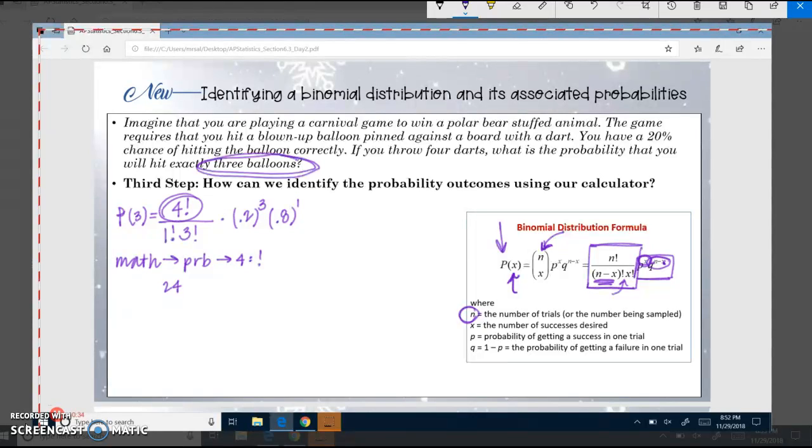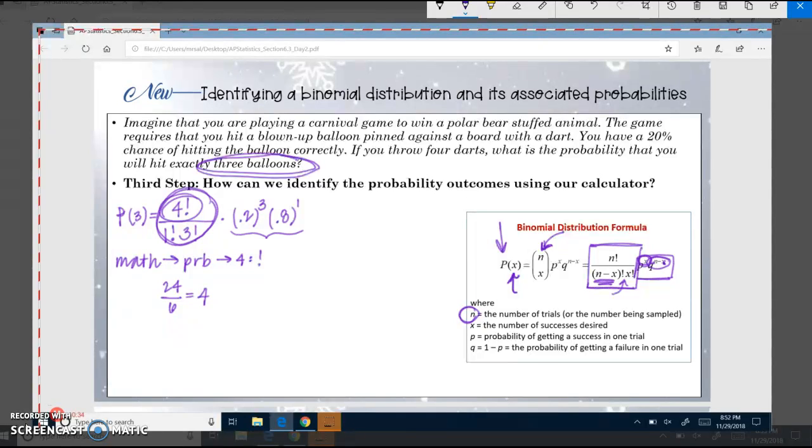Then, if you just want to plug in, you can use parentheses to divide that value of 24 by 1, and then input your factorial, times 3, input your factorial, and if you close your parentheses there, that will end up giving you 24 divided by 6, or 4. So that's this whole term here is 4.